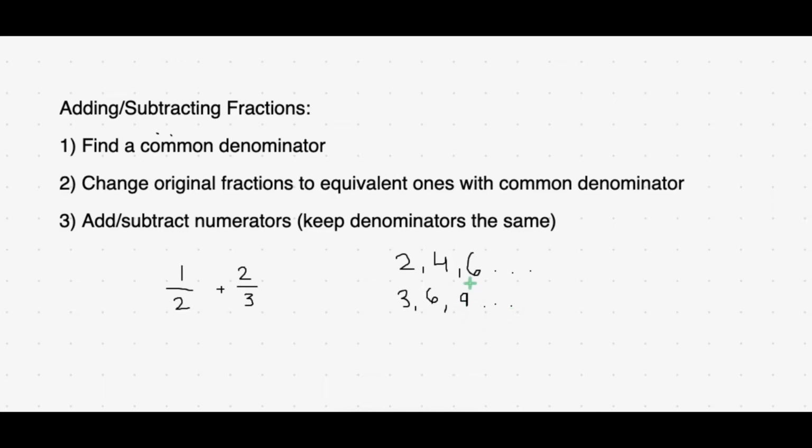And we can see that 6 is one of the common multiples for both of them. So what we're going to do is look at our next step, and use this common denominator to find equivalent fractions with this denominator. So over at the bottom, this should be 6, plus another fraction that's over 6.